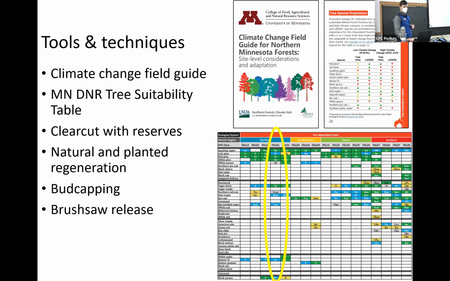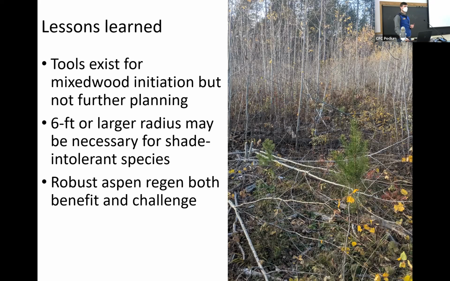The natural regeneration technique that we used was resprouting, the stem and root resprouts for aspen, and it ended up being very vigorous. So that's why that brush saw treatment was needed, which is not a surprise to a lot of you who have worked in the stand. If you cut down one aspen, you get roughly 10,000 back, hopefully.